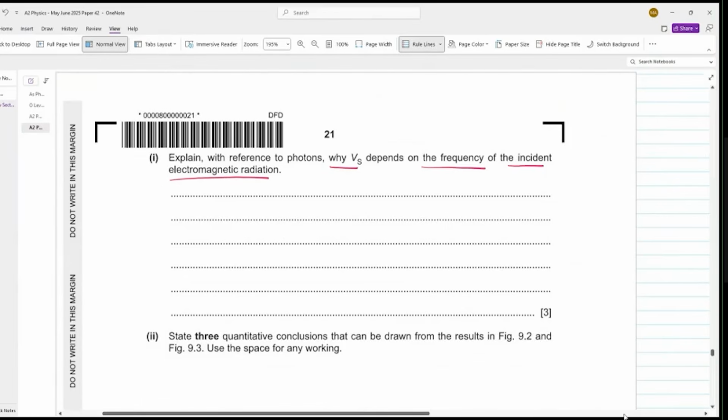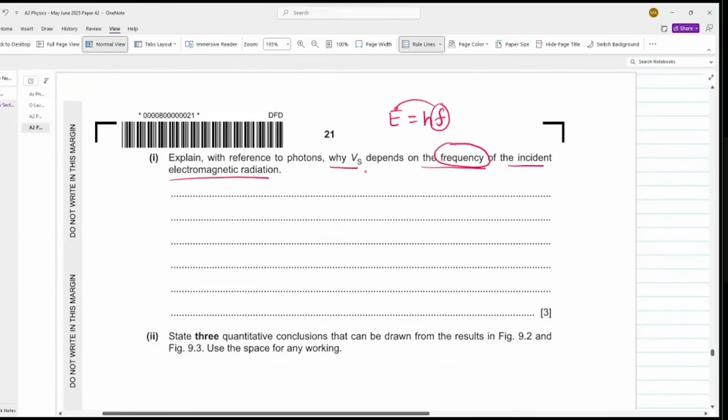electromagnetic radiation. Do you remember what frequency used to determine? The value of frequency used to tell us how much energy a photon has.